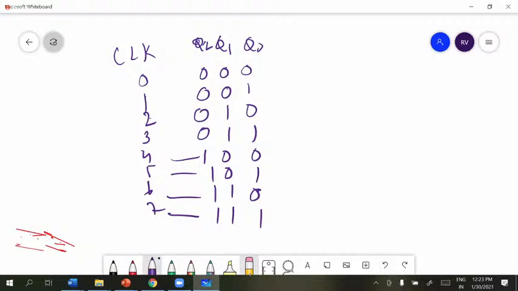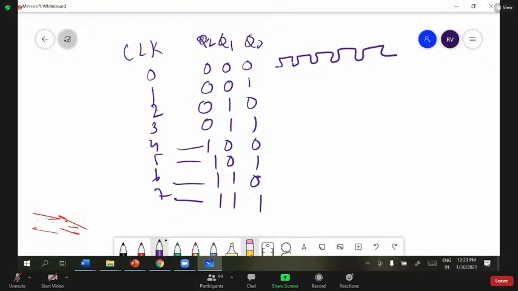So first you have to draw the clock cycle like this. And suppose this is the first, second, third, fourth clock pulse, fifth clock pulse. Then just observe this. This is Q0. Like this you can take Q1, Q2, Q3. Q0 is 0 for the first clock pulse. And during the second clock pulse, see this.